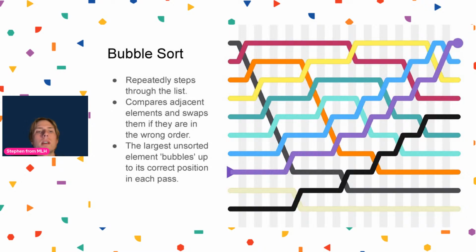Purple, for example, here is probably the largest number. And every time the algorithm goes through, it compares purple to whatever's before it. Or actually, this is using gray as the largest one, this top one.